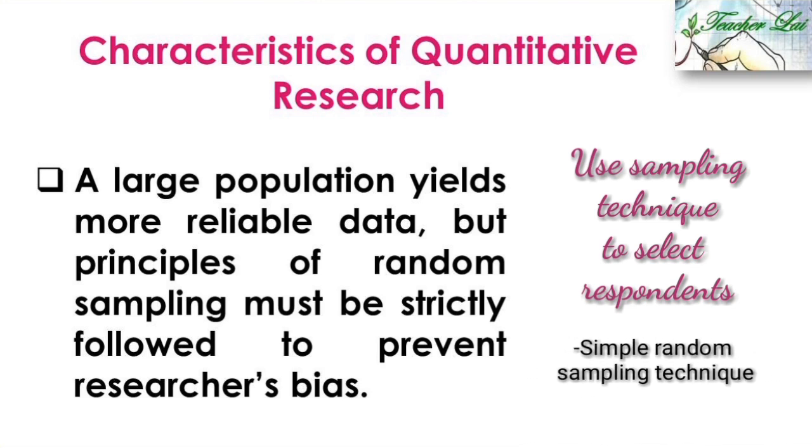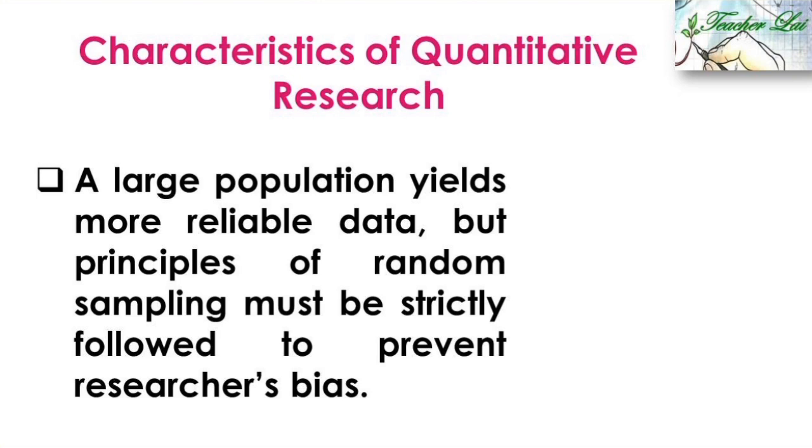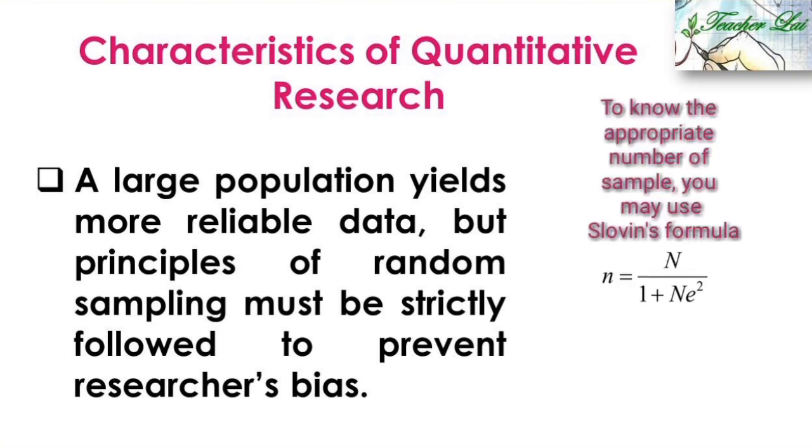For example, let us say that in your respective school, there are learners who choose modular learning modality this school year. To know the appropriate number of samples from the population, you may use Slovin's formula using 0.05 margin of error, which means that your level of confidence is 95%. But don't you worry, you will encounter this topic in details in the long run.